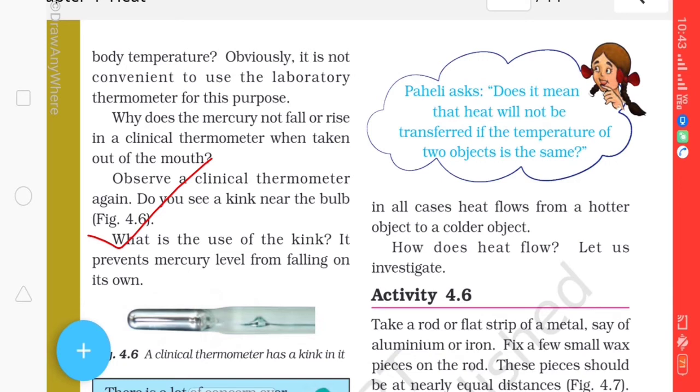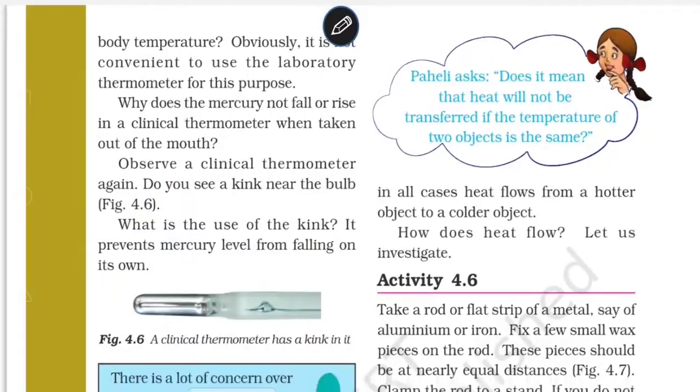It prevents the mercury level from falling on its own. So the level of mercury will not fall or rise by itself. We will see the change of mercury level only when the clinical thermometer is in contact with the body. So remember all these points.